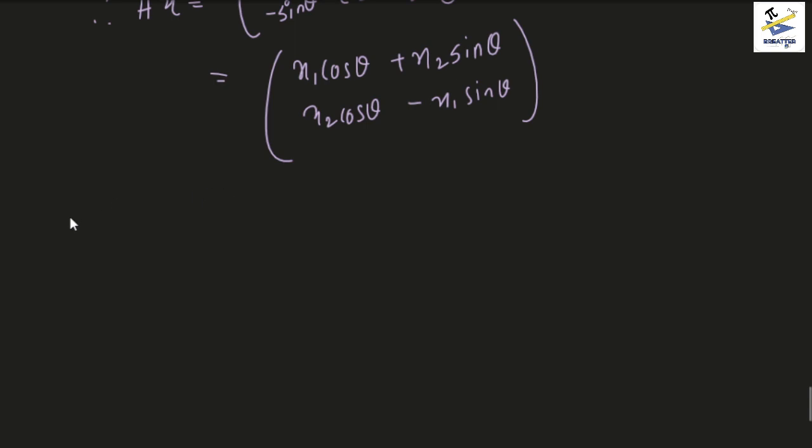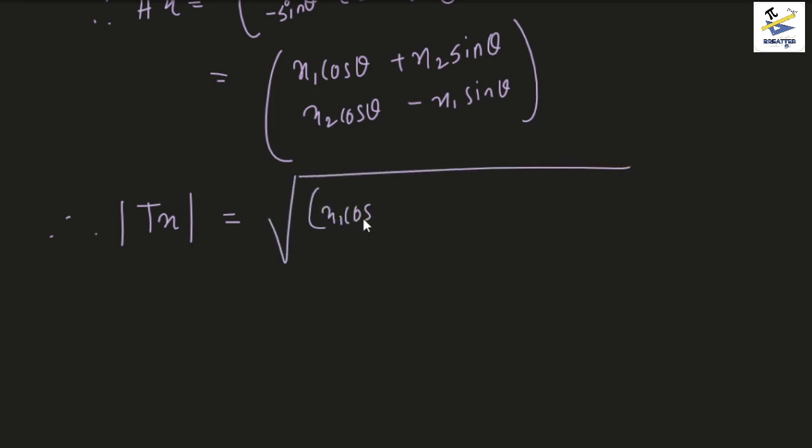So therefore the norm of Tx is basically equal to the square root of x1 cos theta whole squared, not actually this much, it's basically the whole thing whole squared, plus x2 sin theta whole squared, plus x2 cos theta minus x1 sin theta whole squared.